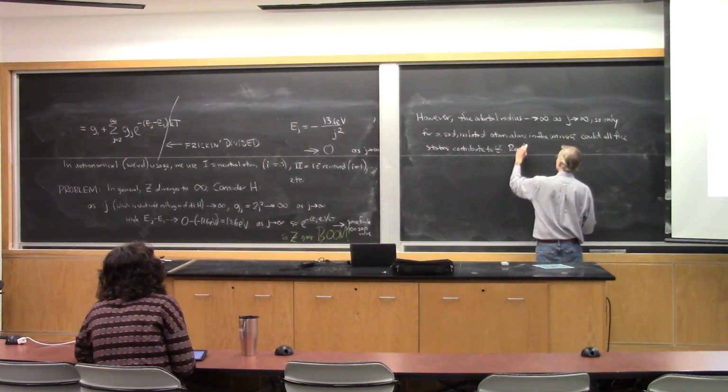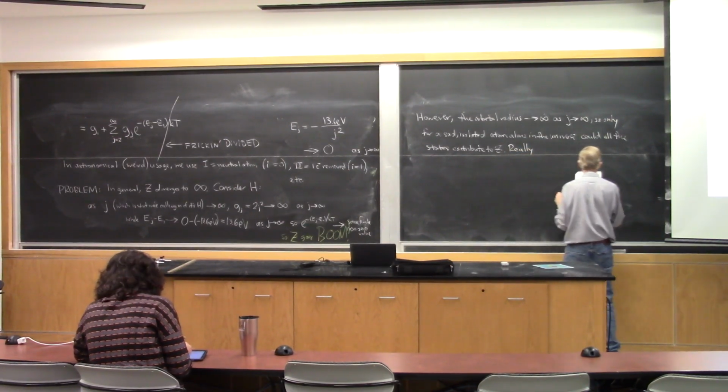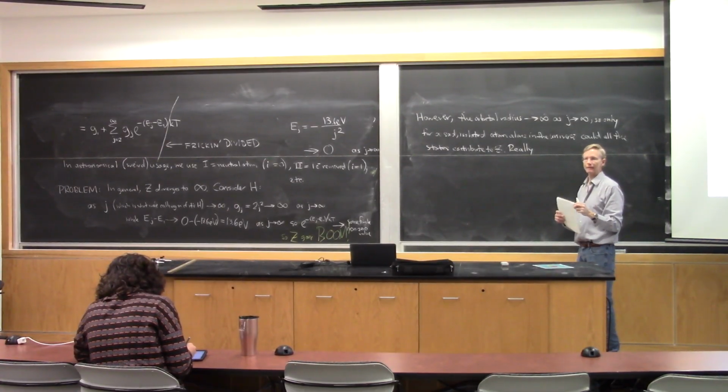Really, we need to multiply each term in the sum by the probability that it has not been perturbed out of existence.